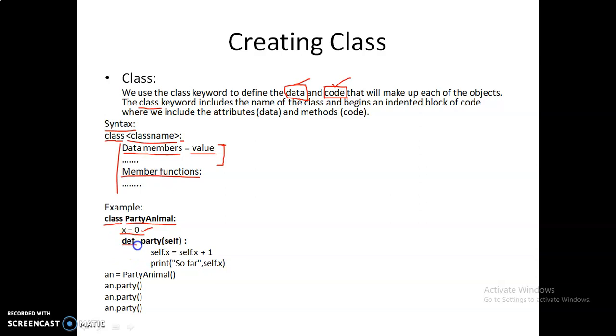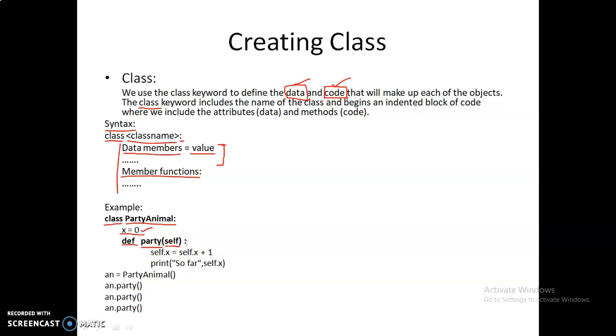The function is created in Python with the keyword def. So def party is the function name, and for each and every function in Python classes, we have one default parameter, self. Later we'll see what is meant by self. Self within the brackets, then colon.